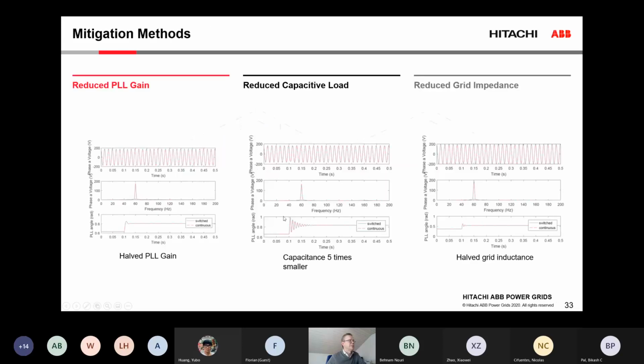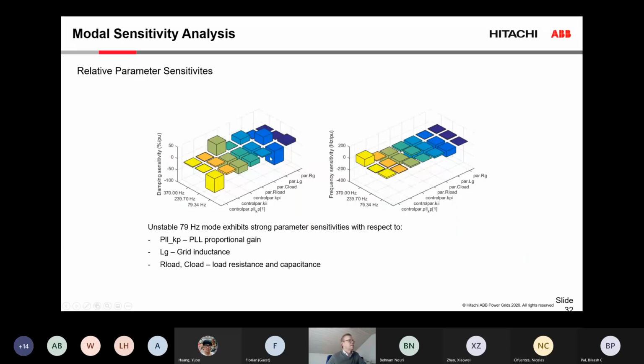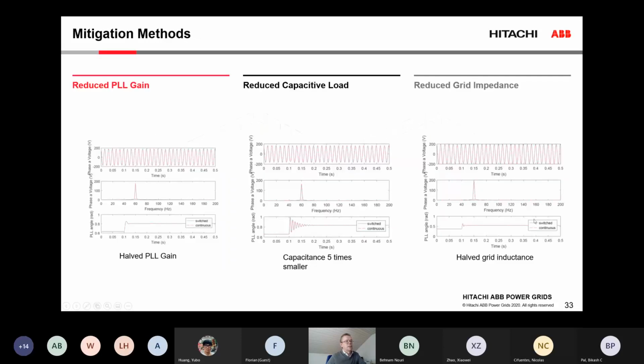So if I decrease the load, I can at least stabilize the system. And the same thing with the grid inductance: if you make the grid stronger, these sensitivities would also tell you that if I decrease my LG, that's the grid inductance, I would get a better damping. And that's also confirmed here by the simulation.